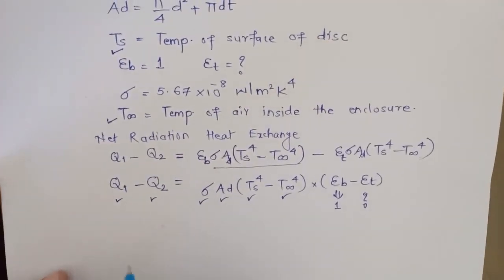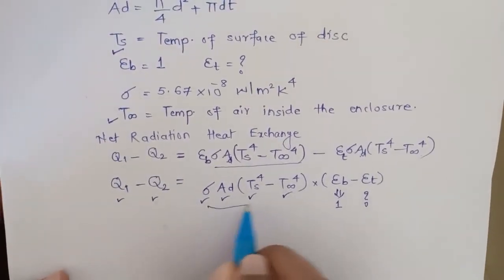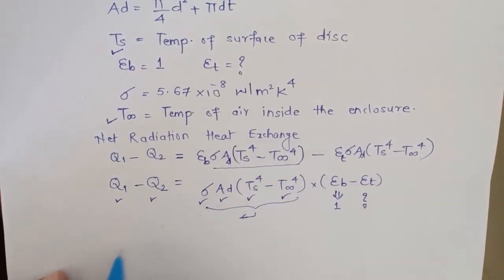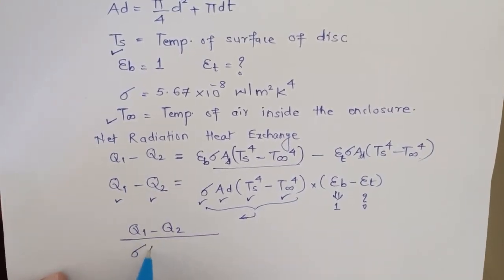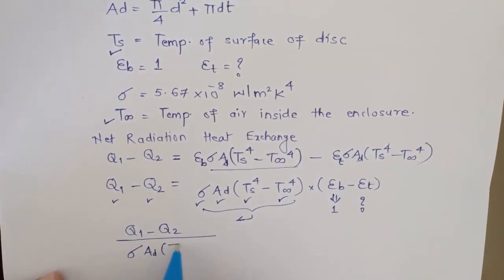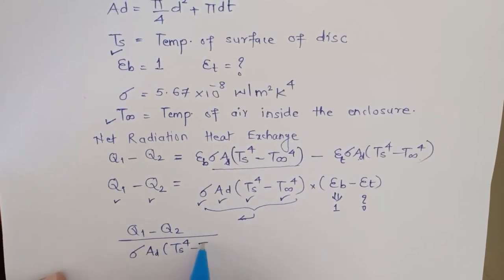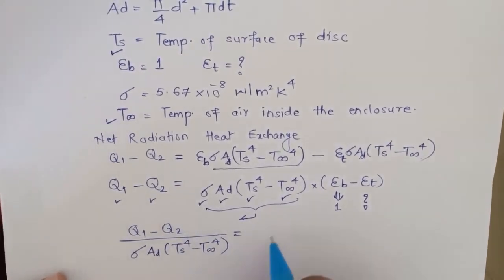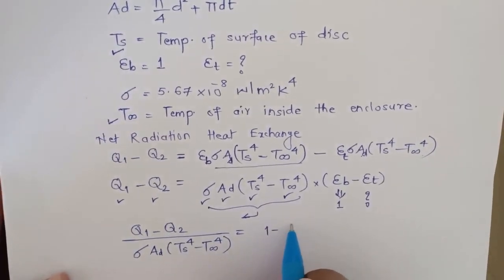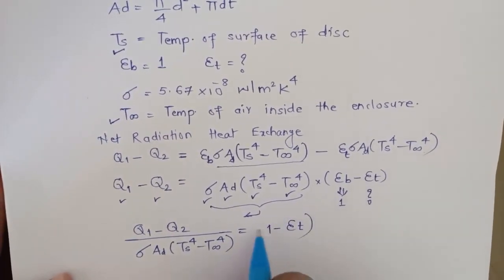So let us rearrange. What do we get over here? We take this entire term to the left hand side, and we get Q1 minus Q2 divided by sigma, area of disk, into Ts raised to 4 minus T infinity raised to 4, equal to 1 minus emissivity of the test surface.